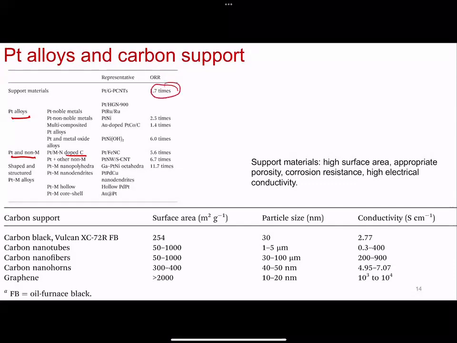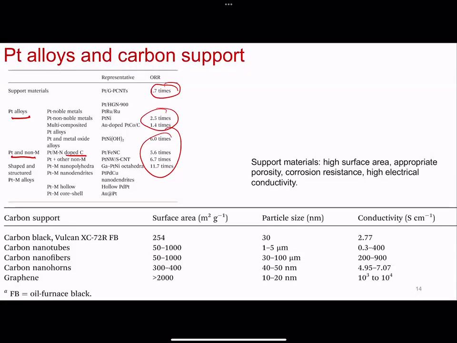And you can really increase the activity. You can see here, by 2 times, 6 times, 11 times in terms of reaction rates. So material selection and design can really increase the efficiency and decrease the cost of your catalysts. So I think this is a good place to adjourn, and we'll pick up here next time.